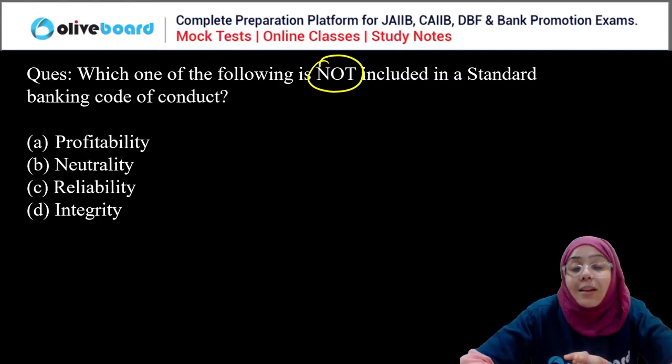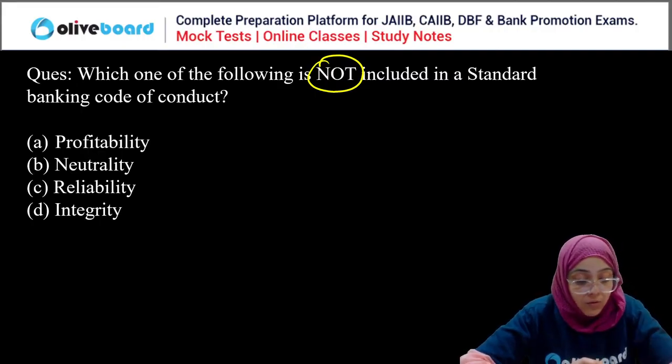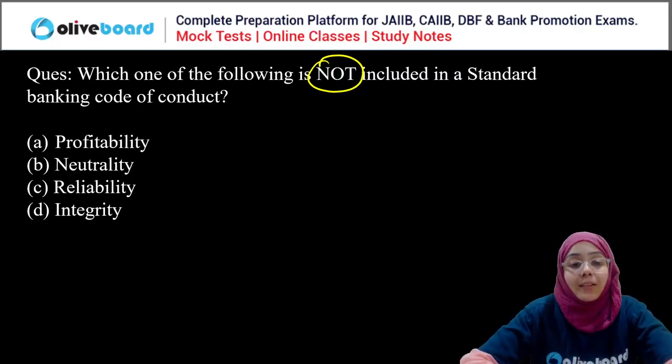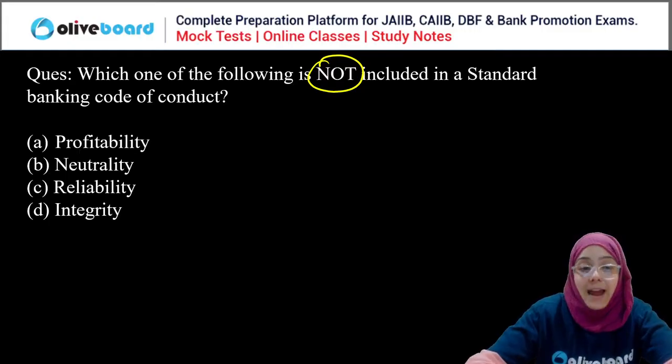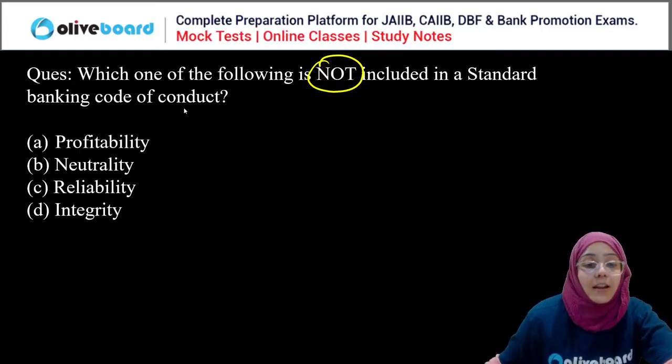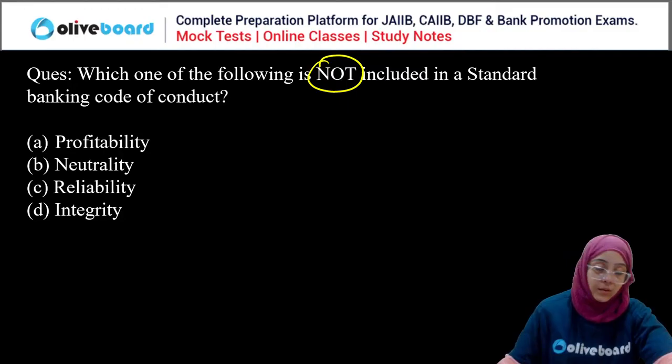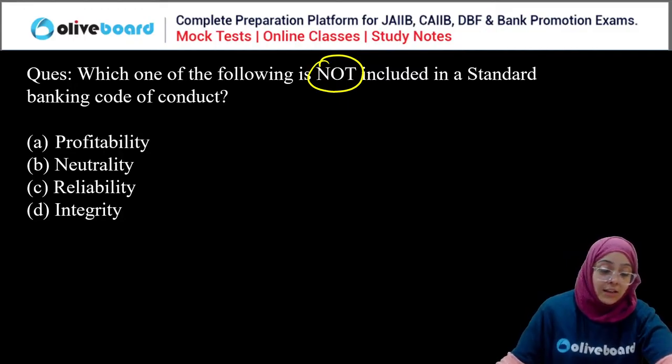Everyone, which of the following is not included in the standard banking code of conduct? Very easy. You can all answer this question. Standard banking code of conduct. Simple thing. Answer the question, everyone. Not included.